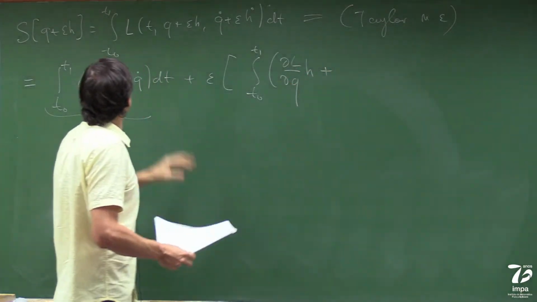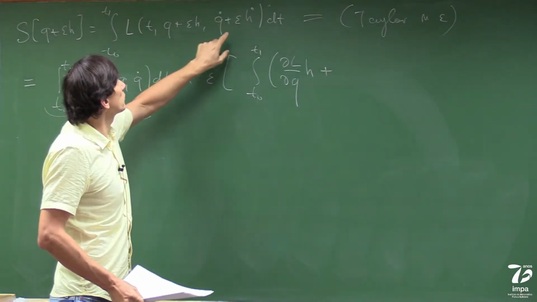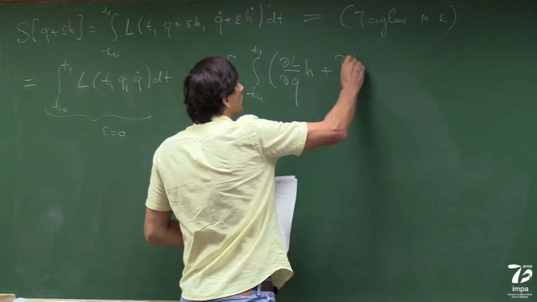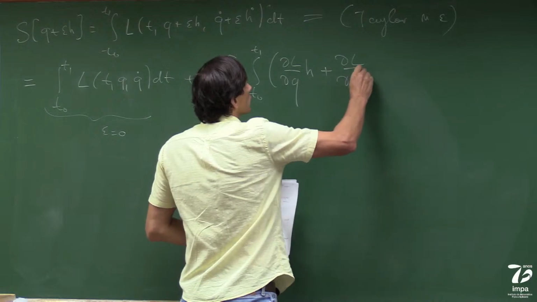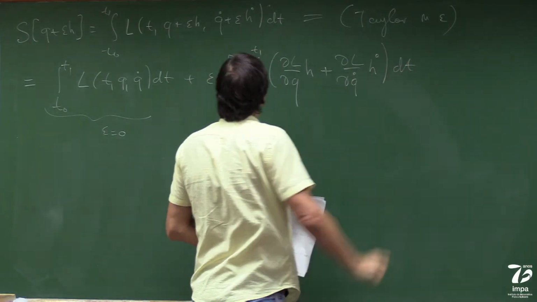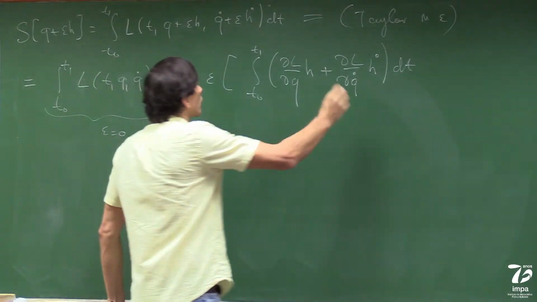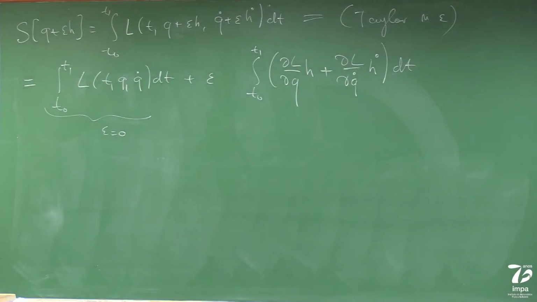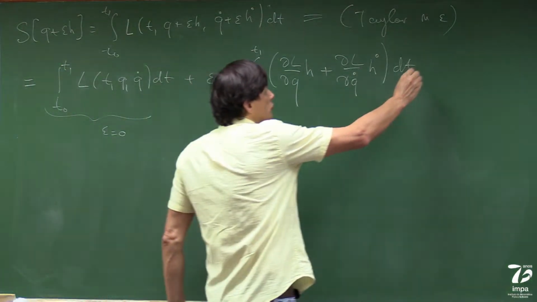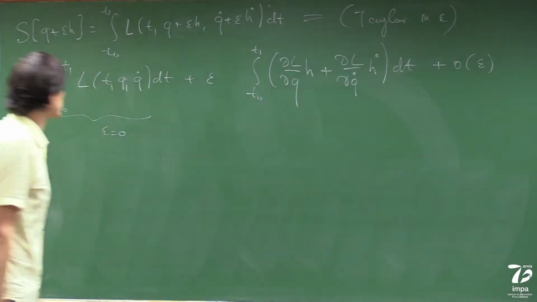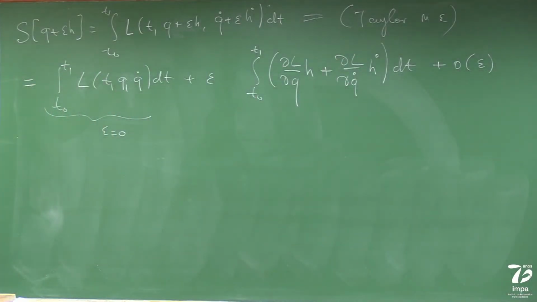And then the derivative of L with respect to this component, and then this component with respect to epsilon. So it will be dL/dq dot, h dot, dt. We don't need the parentheses. And then higher order terms, which we actually don't need. So this is derivative, right?